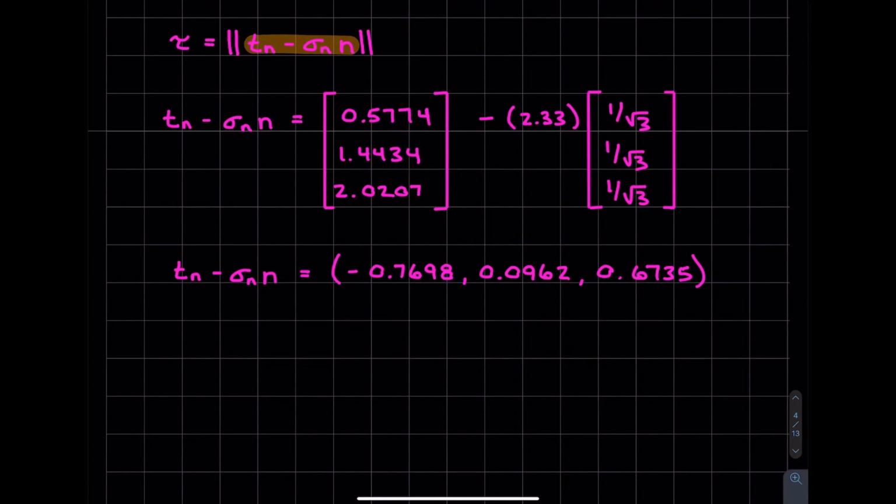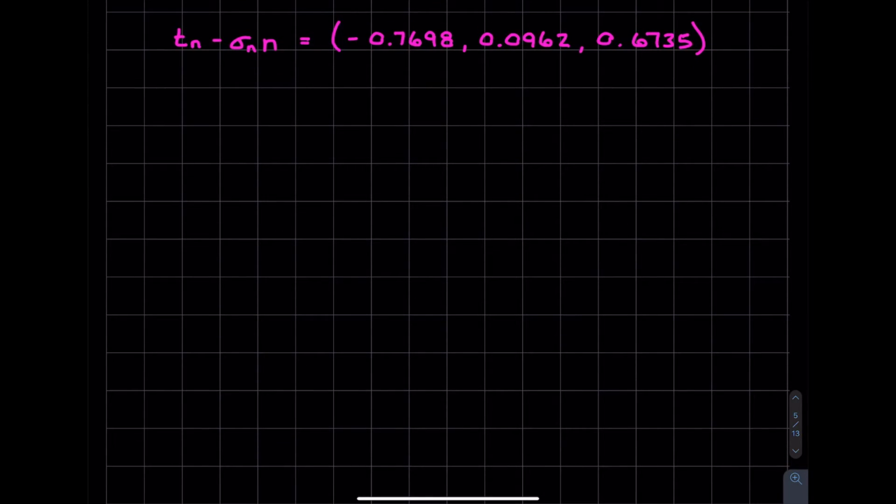So again, this is the vector inside of that norm bracket. All I have to do to figure out my shear stress is take the norm of this vector. If I'm taking the norm of Tn minus sigma n times n, all I'm doing is taking all the components inside of that vector, squaring them, summing them, and then square rooting them.